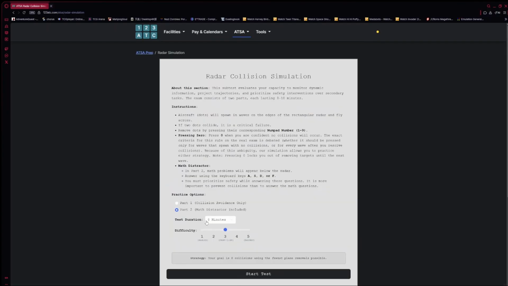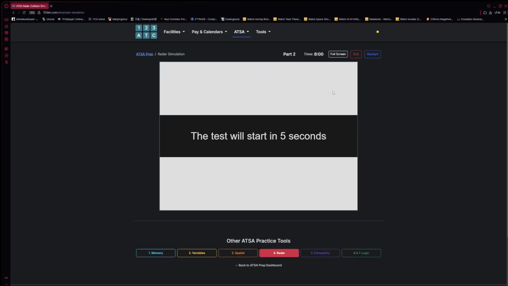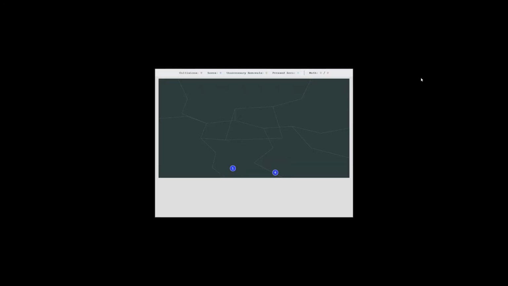Radar, this one gets pretty hard. At the bottom a math equation will pop up, and I have to keep the planes from hitting each other, and then I have to press 0 whenever there are no collisions. I'll get these math problems wrong, but the goal is to keep the planes from hitting each other.